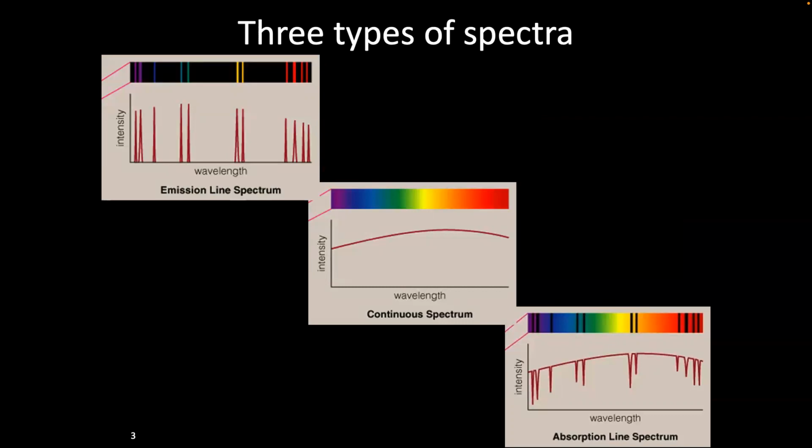Emission lines. Hot thin gas. And what's the orientation that I'm looking at this in? Let's say I have my gas in my hand right here. If I place it like that, no. Because that will be absorption.